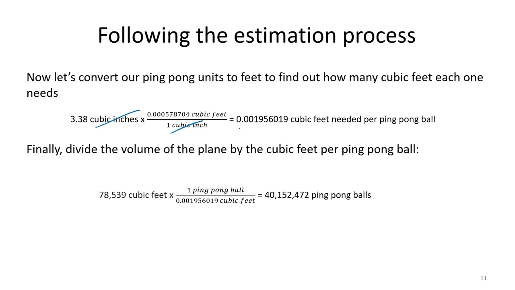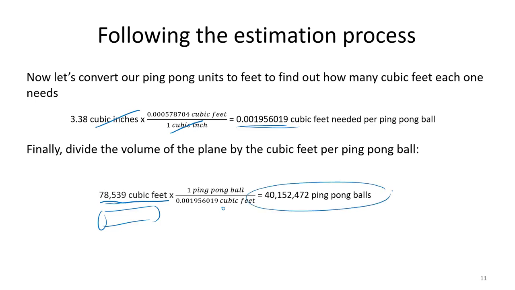And notice, one ping pong ball actually doesn't need all that many cubic feet. So I take this cubic feet per ping pong ball, and I can divide my overall 78,539 cubic feet from my whole airplane by the volume of a single ping pong ball.